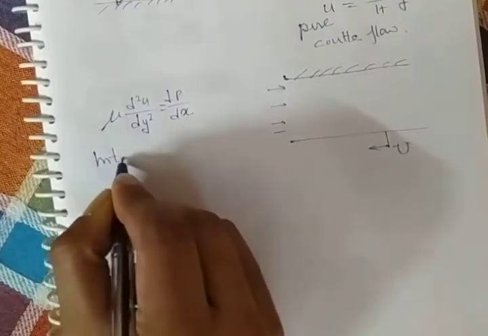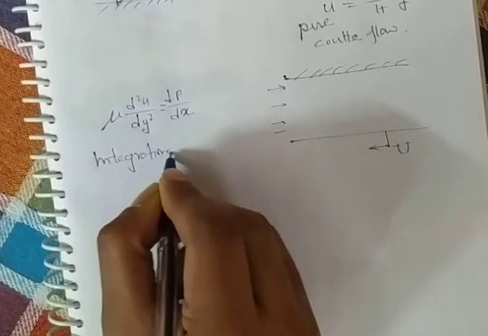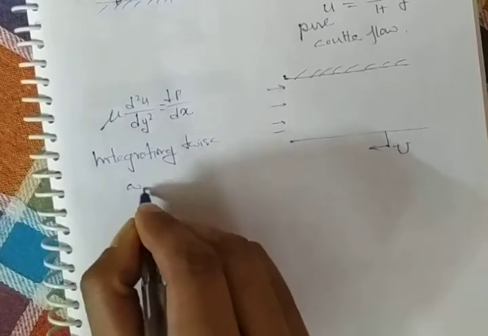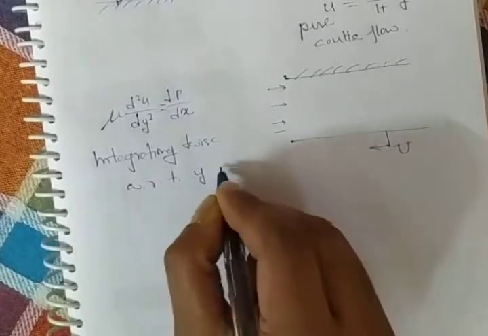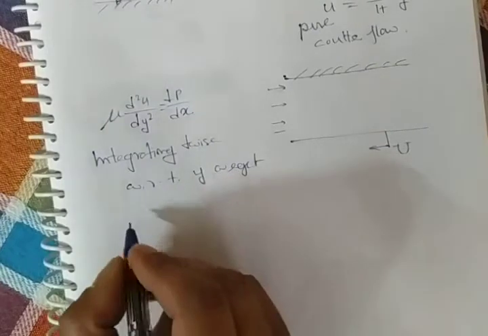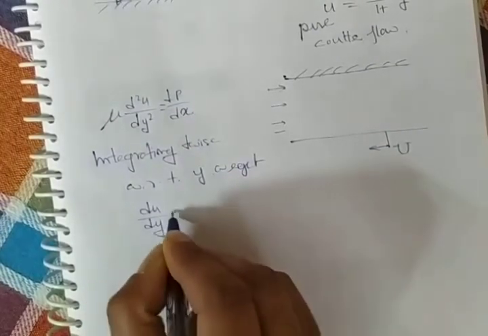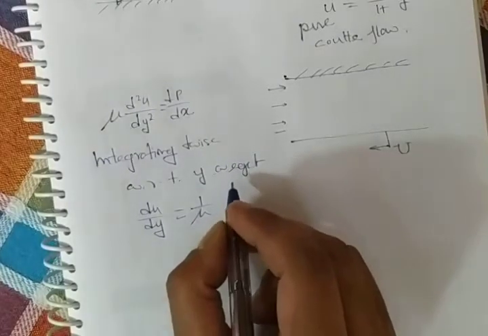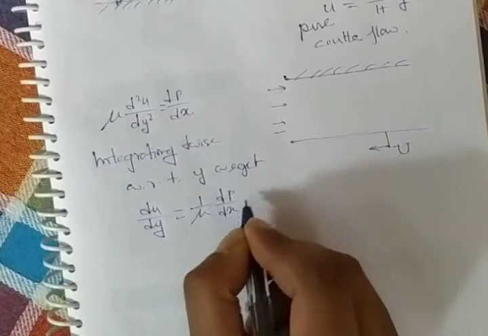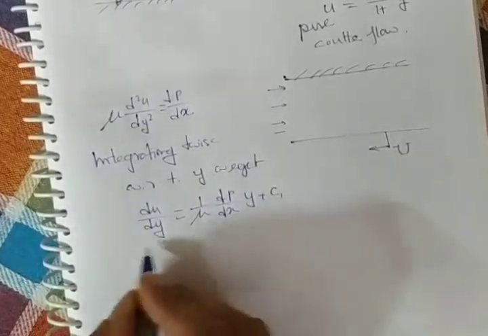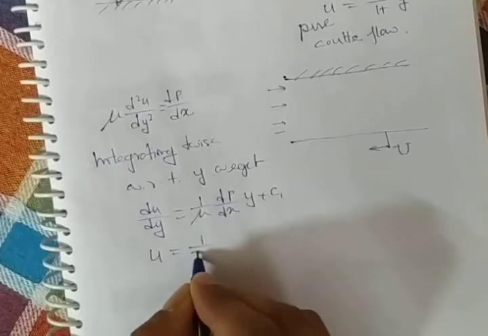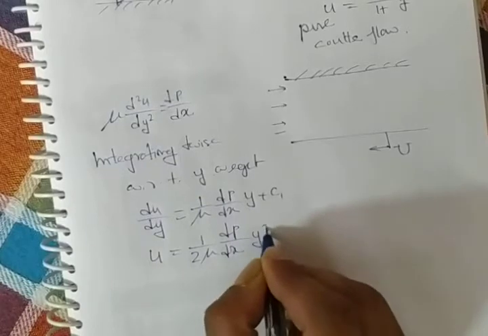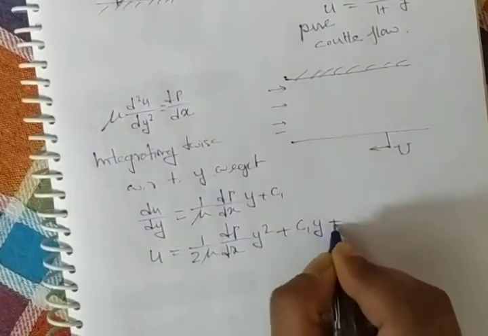Again we integrate twice with respect to y, and we get du by dy is equal to 1 by mu dp by dx y plus c1. Again u will be 1 by 2 mu dp by dx y square plus c1 y plus c2.